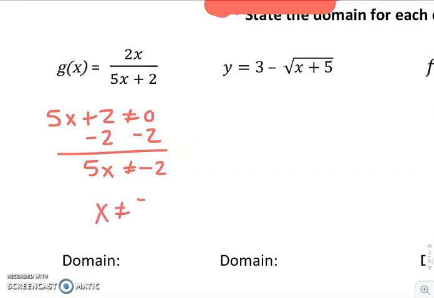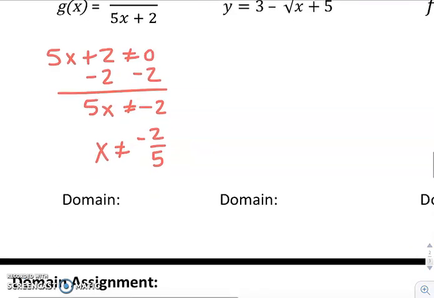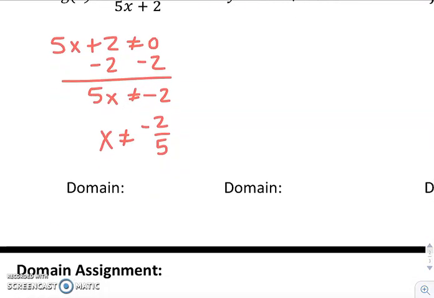And we don't want x to be negative 2/5. So instead of just saying x shouldn't be negative 2/5, we're going to write it in interval notation. So we're going to say x can be any single value from negative infinity to positive infinity except that value of negative 2/5.